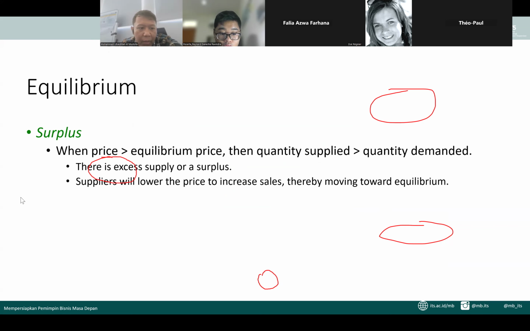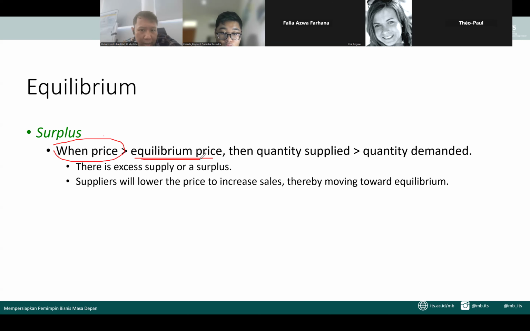Now, when we speak about equilibrium, we have the concepts of surplus and deficit. A surplus happens when the price is bigger than the equilibrium price, and the quantity supplied is larger than the quantity demanded.